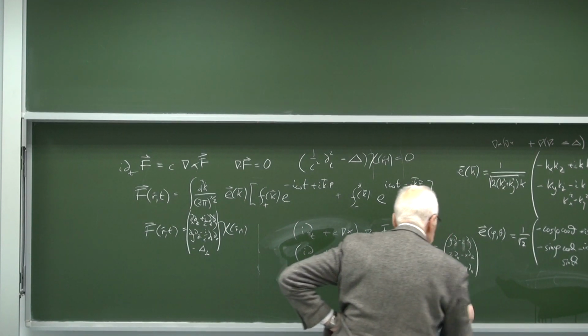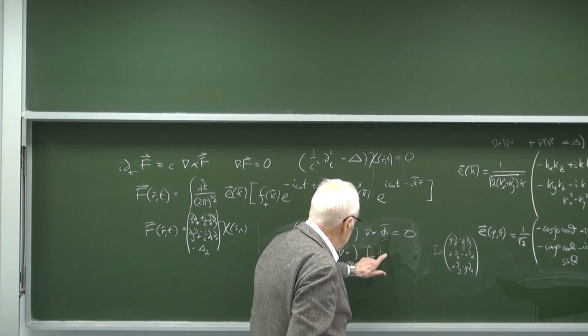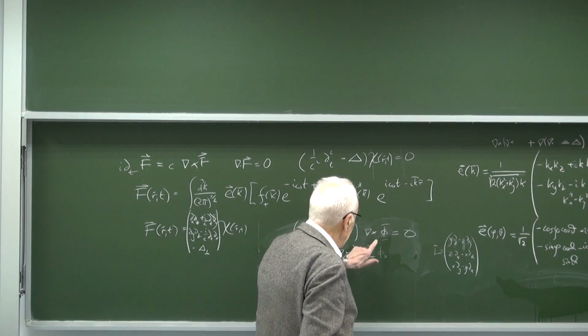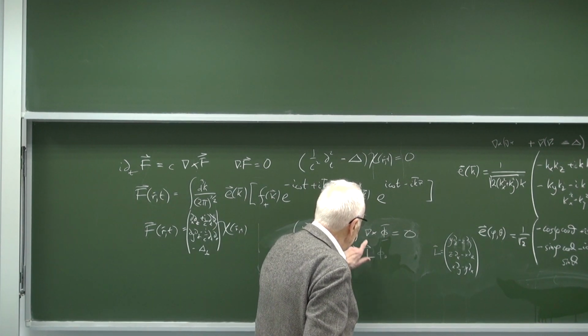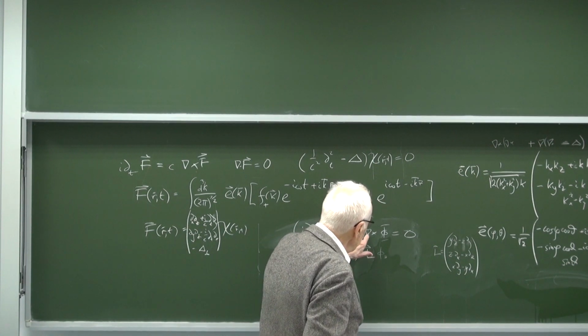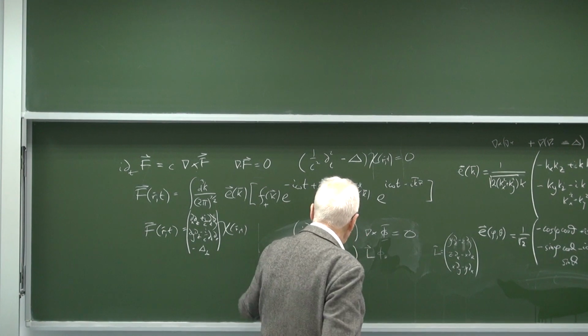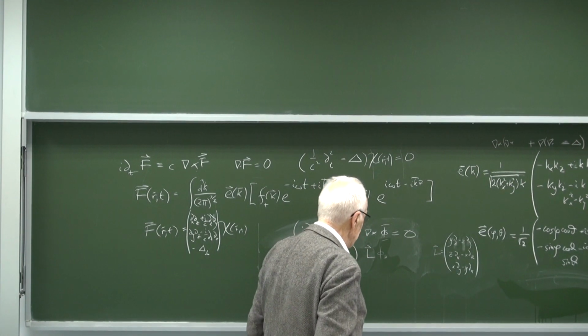This is the definition of this differential operator. And obviously, this expression replacing this one is also of the form which is needed here, namely the divergence must vanish in order to satisfy the Maxwell equations.